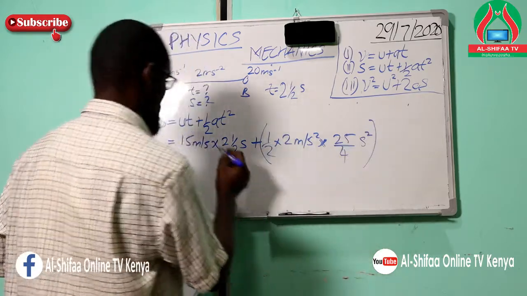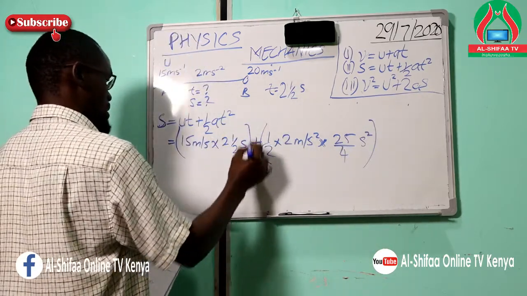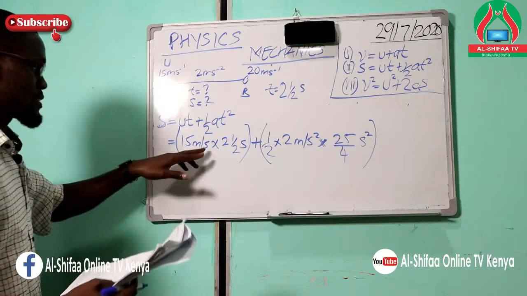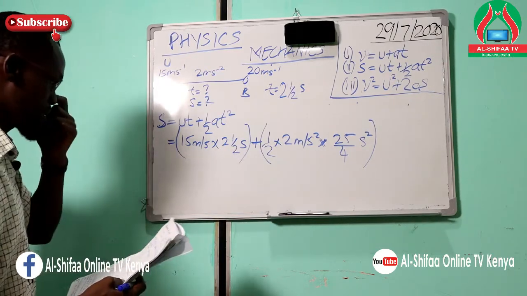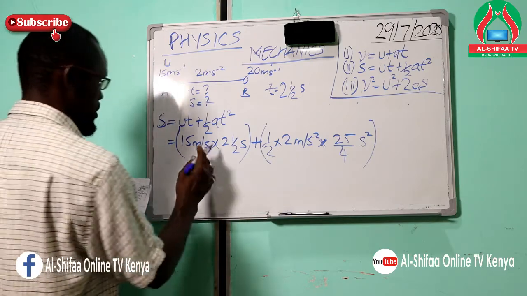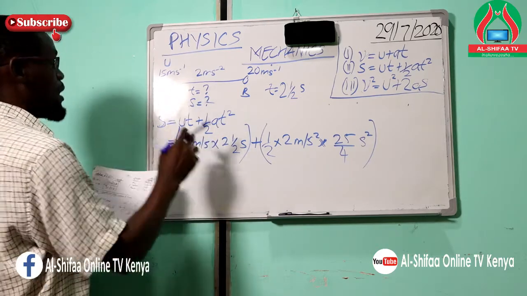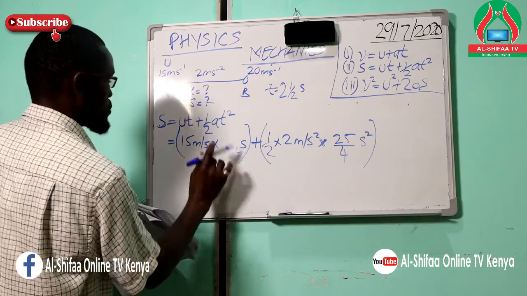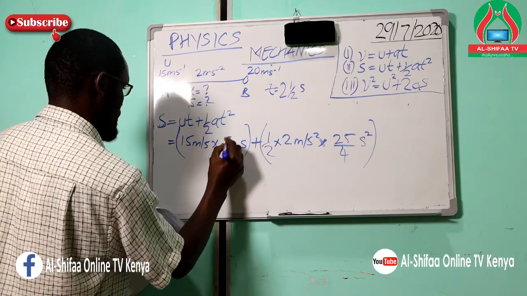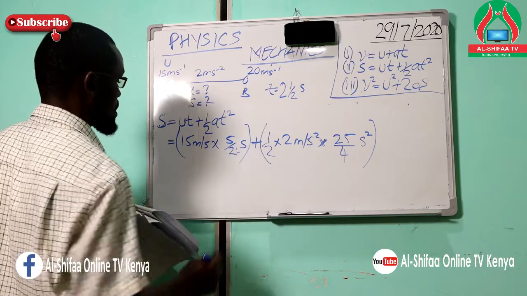So we'll find out that the units will cancel out. The second and the second will cancel out. On this side we can also put 5/2 for simplicity, 5/2 seconds.